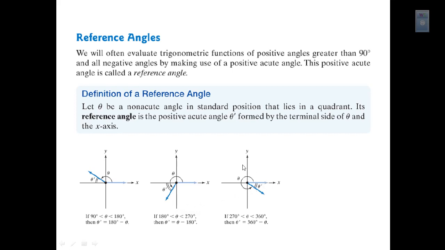And if you've got an angle in quadrant 4, all you're going to do is 360 degrees minus that theta. So if we go all the way around, but then take this part away, we're only left with the reference angle. So these three little rules you need to know how to subtract to find what the reference angle for a given angle is.